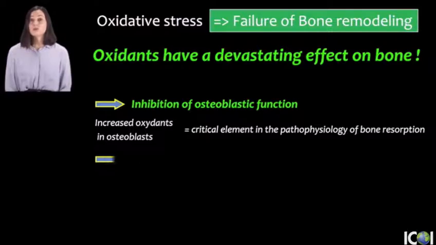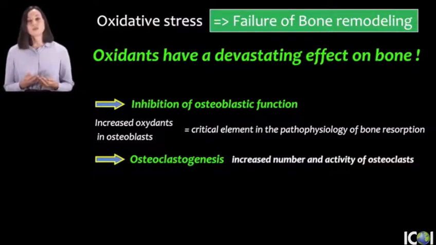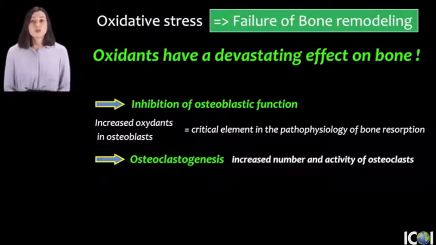And oxidant will also induce osteoclastogenesis. Now you understand that in oxidative stress, you inhibit the osteoblastic function and you increase the osteoclastogenesis. And this is why the bone resorbs.